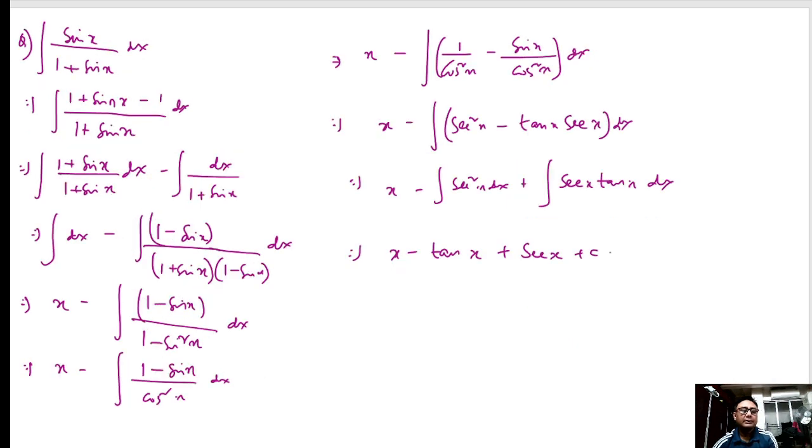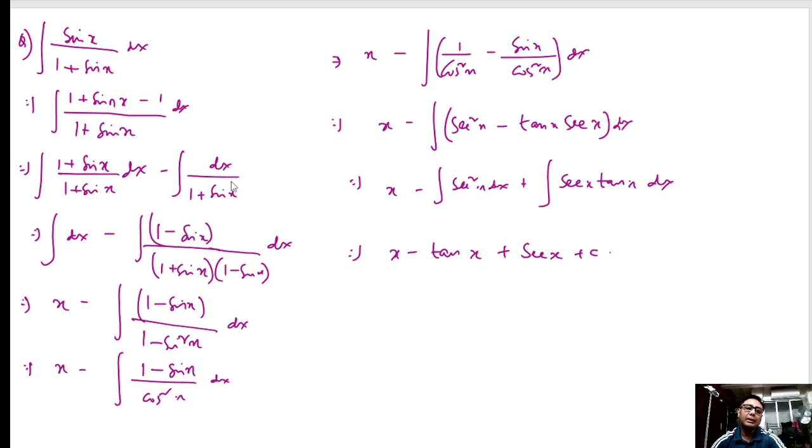Similarly, let's see the next sum. It is sin x plus 1 by 1 plus sin x. So what we have done here is plus 1 minus 1, so this by this cuts out. And now this term is 1 by this.